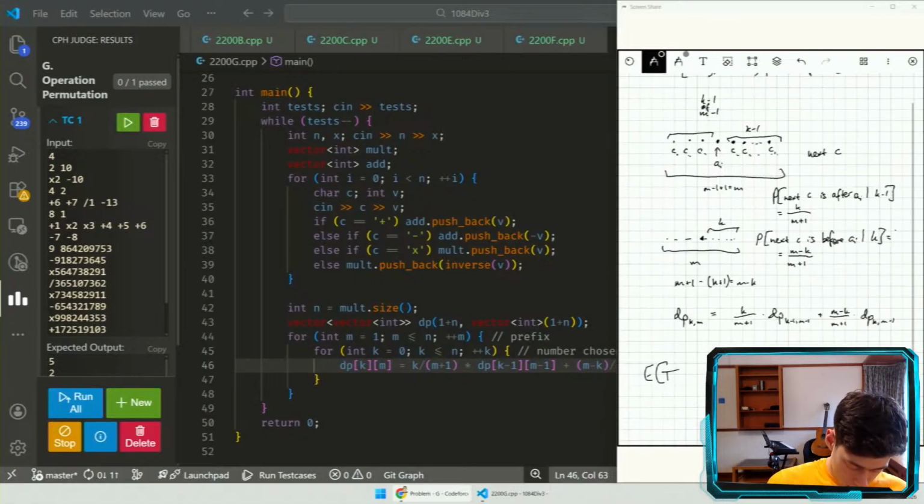So expected product, we've got as the expected product given include times probability of include plus the expected product given exclude times probability of exclude.